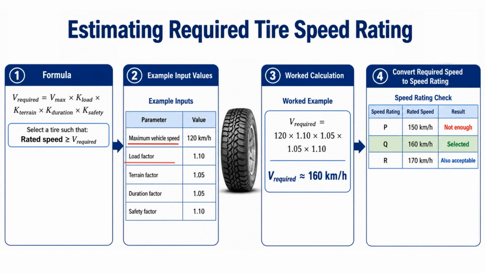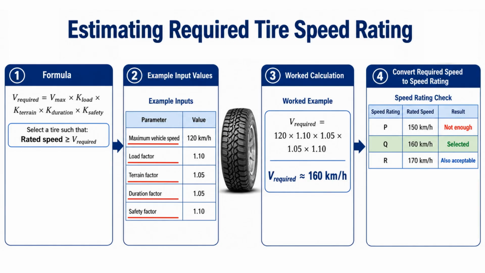We then apply a load factor of 1.10, a terrain factor of 1.05, a duration factor of 1.05, and a safety factor of 1.10. Multiplying these values gives a required tyre speed capability of approximately 160 km per hour.